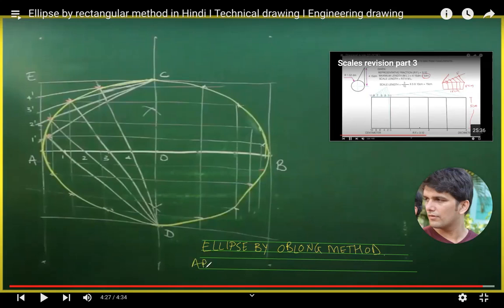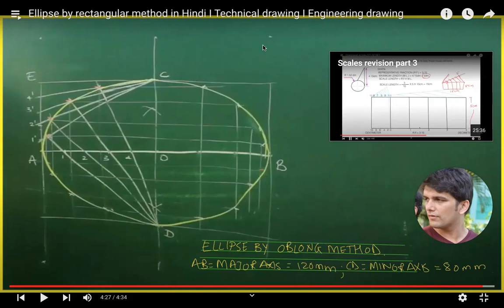Then you write AB, which is equal to major axis. How much is major axis? 120 mm. And you write CD, which is equal to minor axis, 80 mm. This way you do.